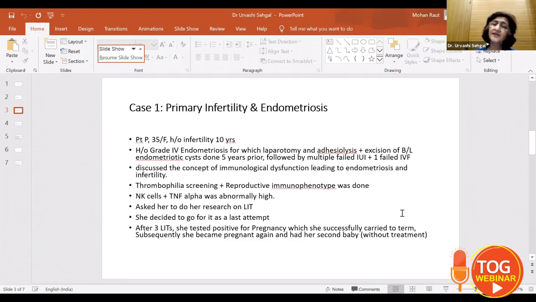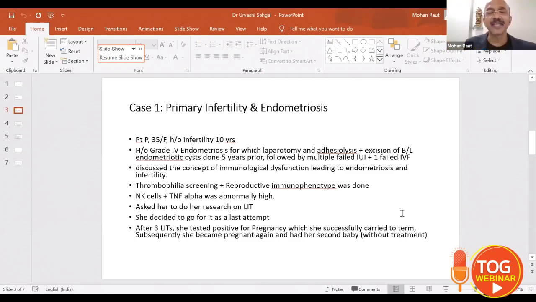Surprisingly, after her first baby, she got pregnant the second time very soon without any LIT therapy or any assistance, and had her second baby. After she had completed her family, she continued to get pregnant, which unfortunately had to be terminated. But this is her story, and my first patient that I treated with immunotherapy.